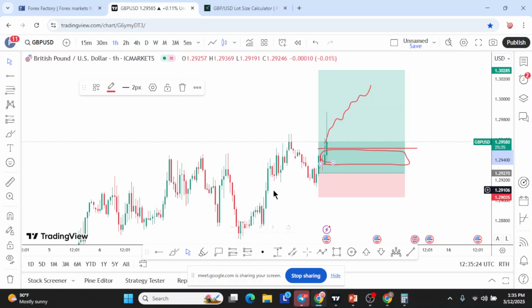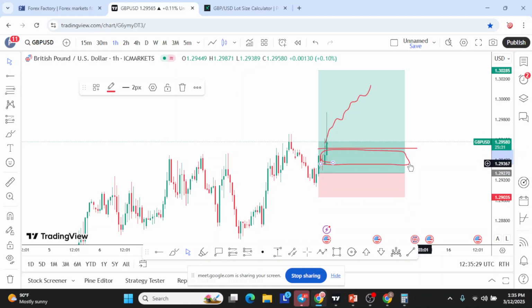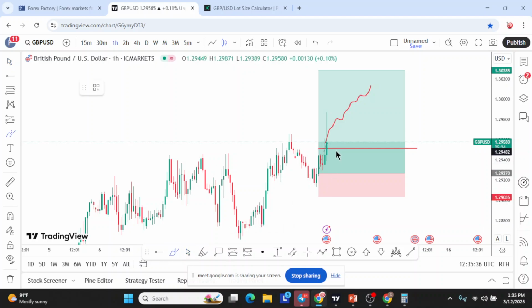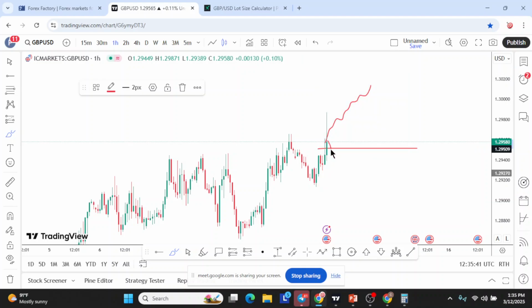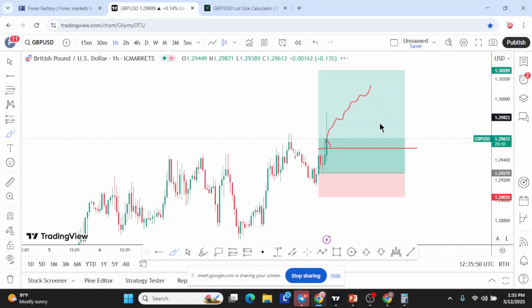This is what we call trailing. So if the market comes and reverses and gets to where we have put our trailing profit, the market is going to cut us out. But it's not cutting us out in loss, it will cut us out in profit.